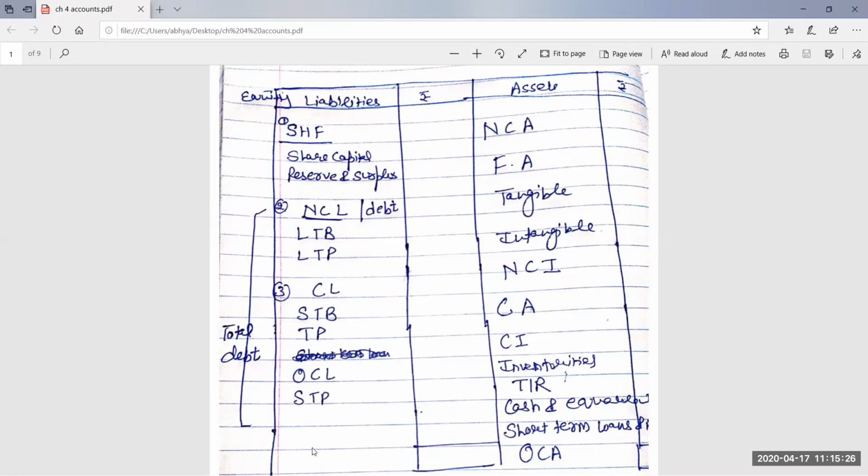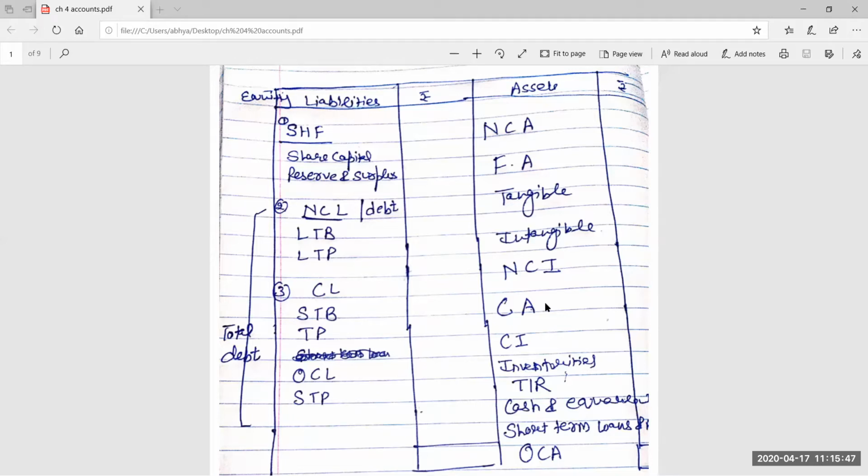Now from the ratios point of view, in non-current liability, only 2 things will be included. Which 2 things? Long-term borrowings and long-term provisions. So this is non-current liability.